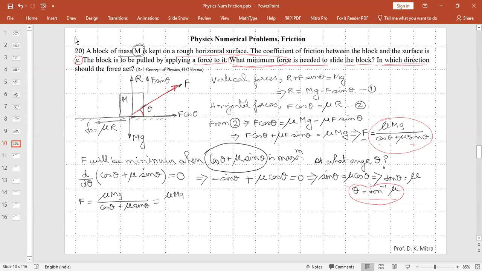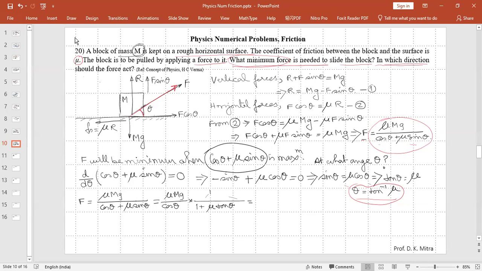Mu mg divided by cos theta multiplied by 1 plus mu tan theta.